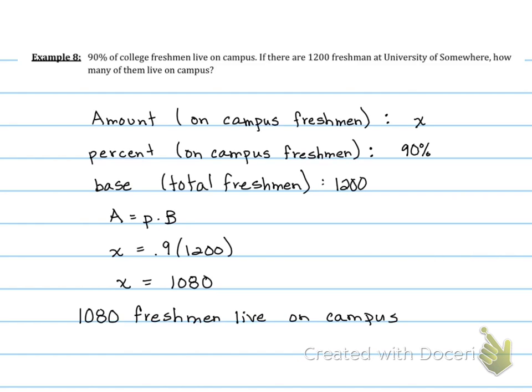That's why I did it that way. I would just have a calculator, you know what I'm saying? But we don't use calculators. But how do you do 0.9 times 1,200? Times 0.9.